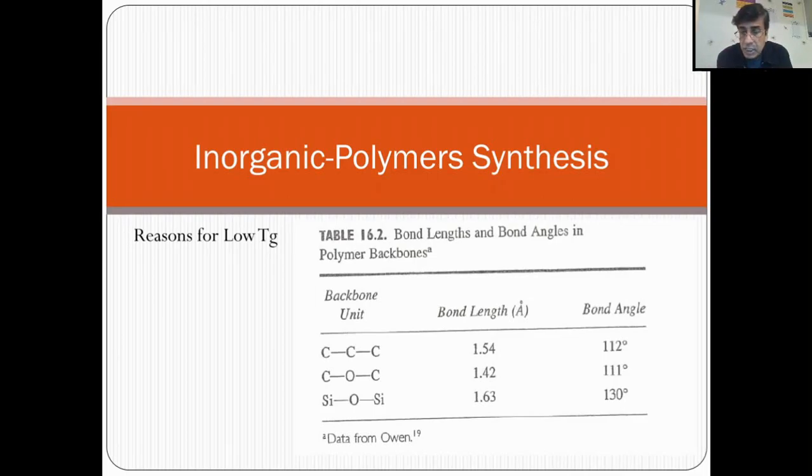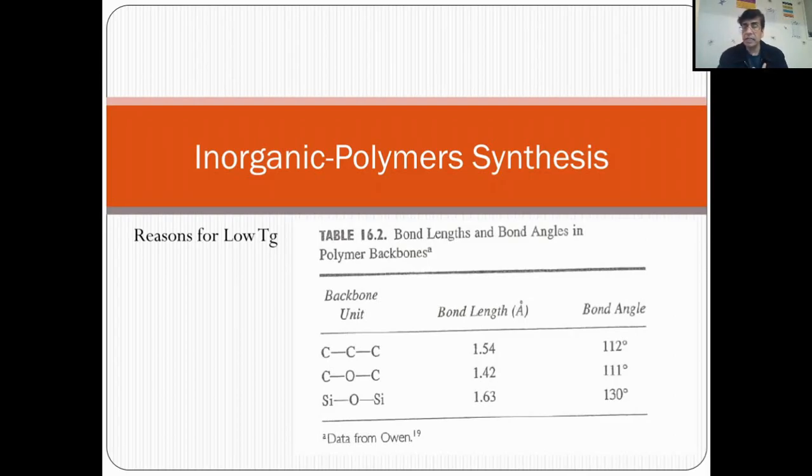You cannot see any change from the outside. Like I mentioned, when ice starts melting you can see, when water starts boiling you can see, but this internal segmental motion you cannot see. And the temperature at which this internal motion starts is called glass transition temperature.